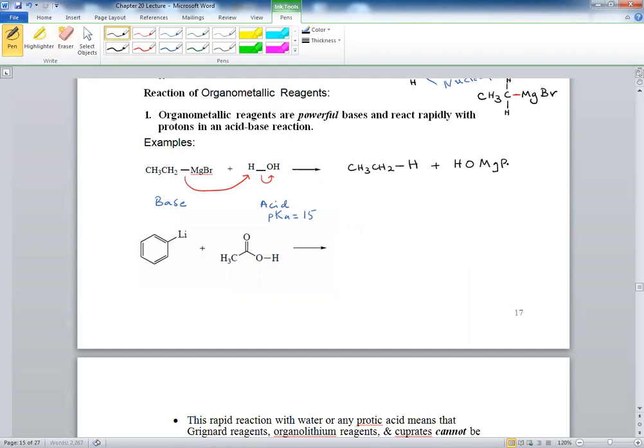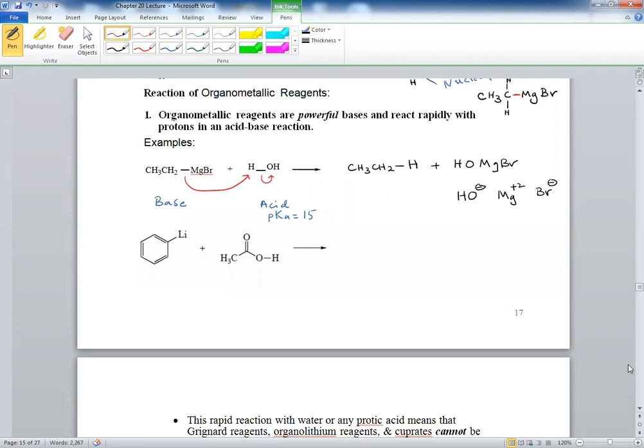Which, by the way, the HO is from the OH minus. The reason I wrote it this way is so that we can see the negative, here it is, O minus. Mg has a +2 charge and Br has a minus, so the charges cancel out: 2 negatives and 2 positives.